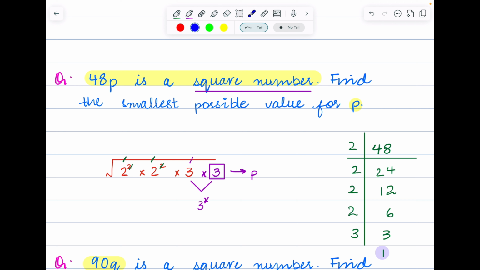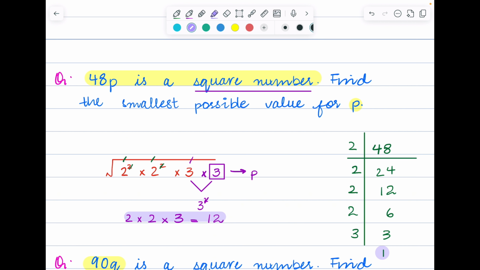Let's have a look. After you cancel out the square and the square root, you are left with 2 times 2 times 3, which gives you 2 times 2 is 4, 4 times 3 is 12. So technically 12 was our number after we square rooted.